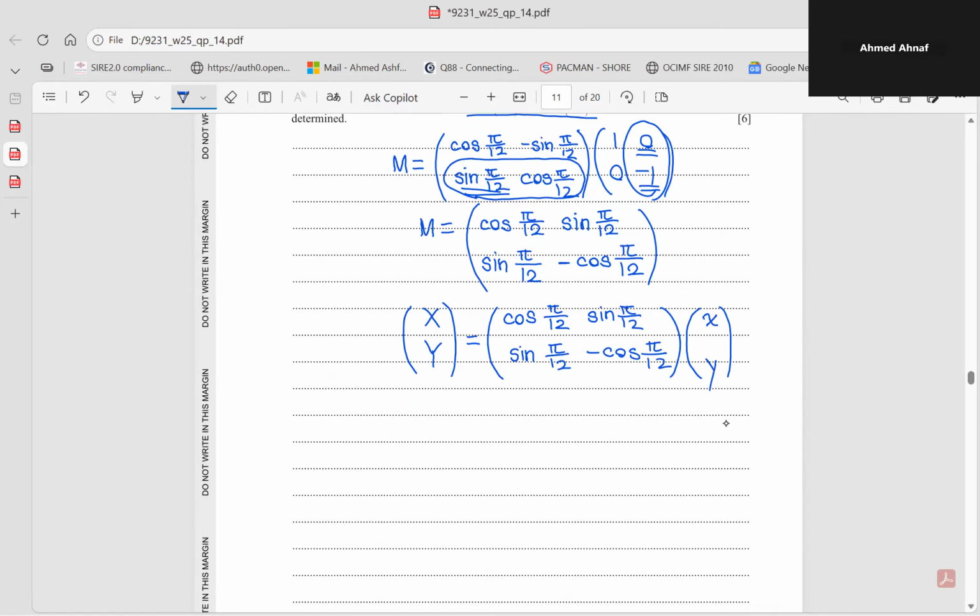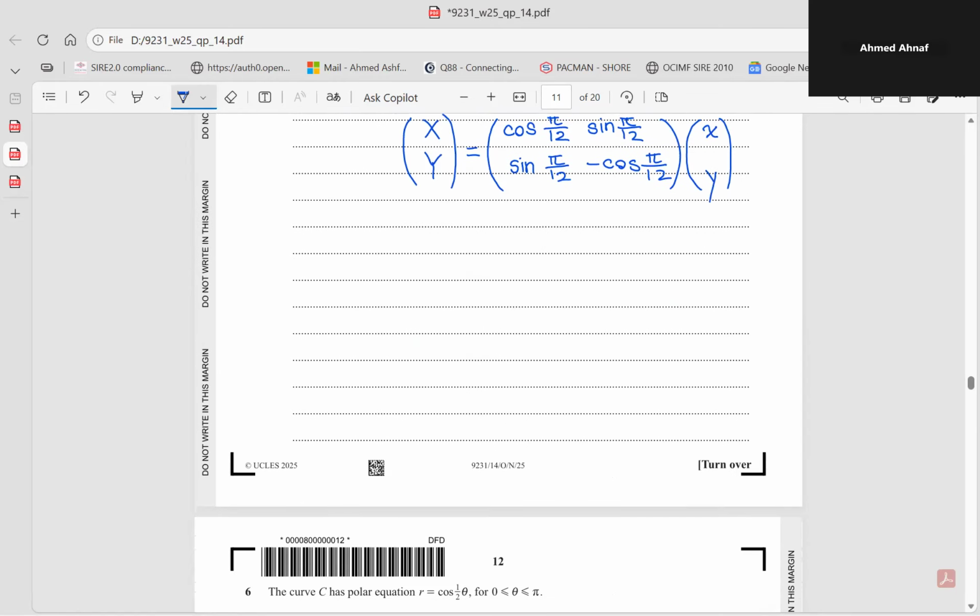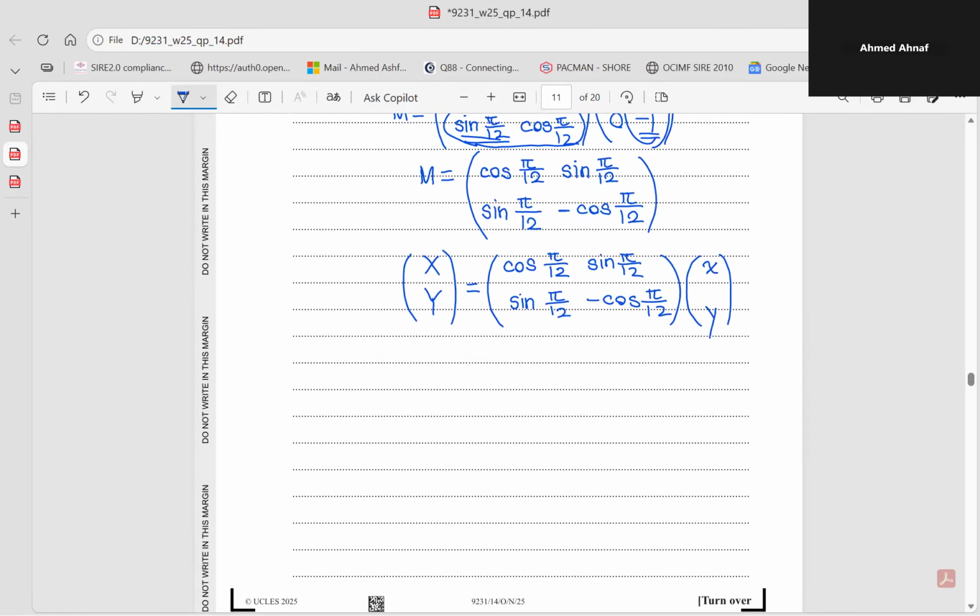Now we're going to substitute big Y equals small m big X and small y equals small m small x.